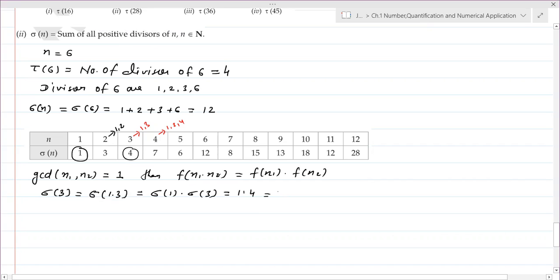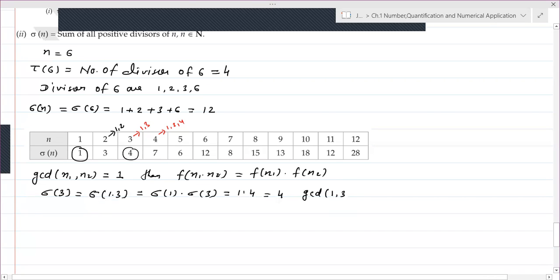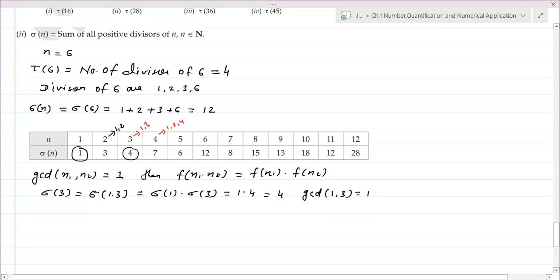So we get 4. It doesn't matter how you write the multiplication, we started with sigma 3 and our answer came 4. But you should always have a GCD of 1. Whatever way you write 3 as a multiplication of two numbers, here 1 and 3, the GCD should be 1. So we can say that sigma 3 is a multiplicative function.